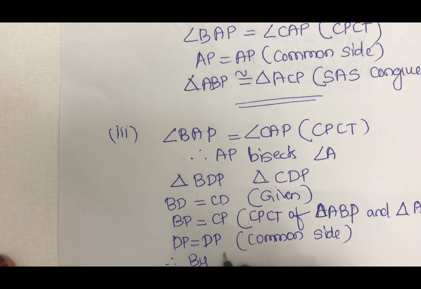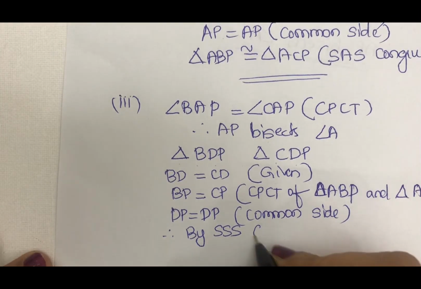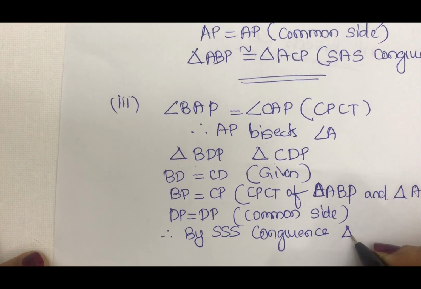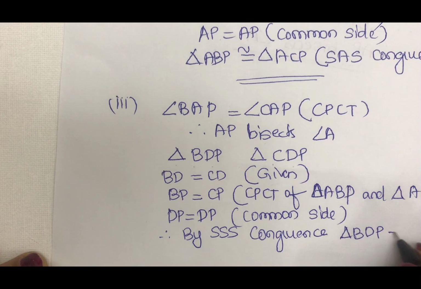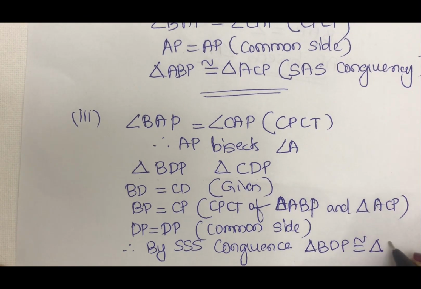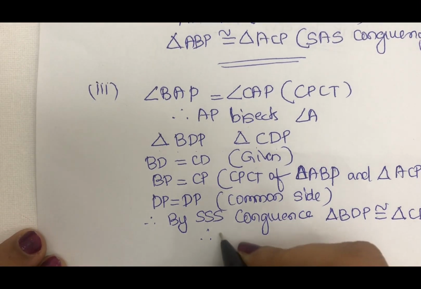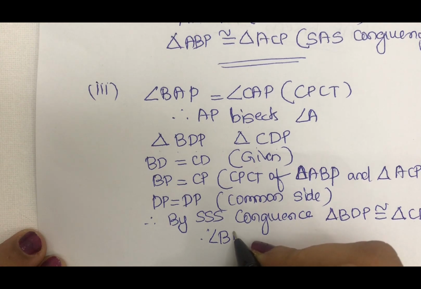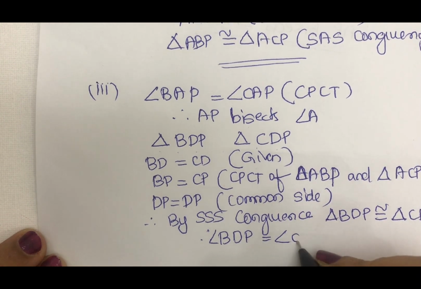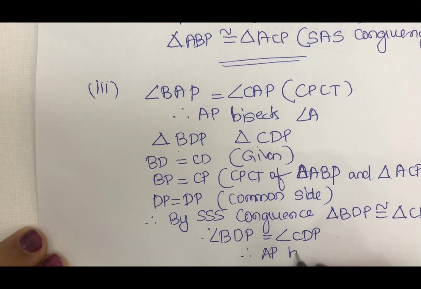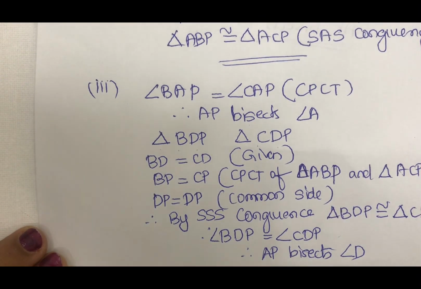Therefore, by SSS congruency rule, triangle BDP is congruent to triangle CDP. Therefore, angle BDP is equal to angle CDP. Therefore, AP bisects angle D also.